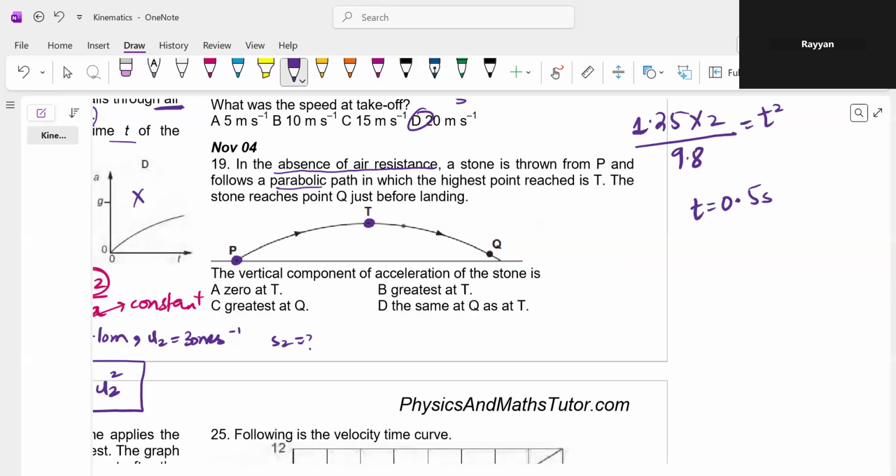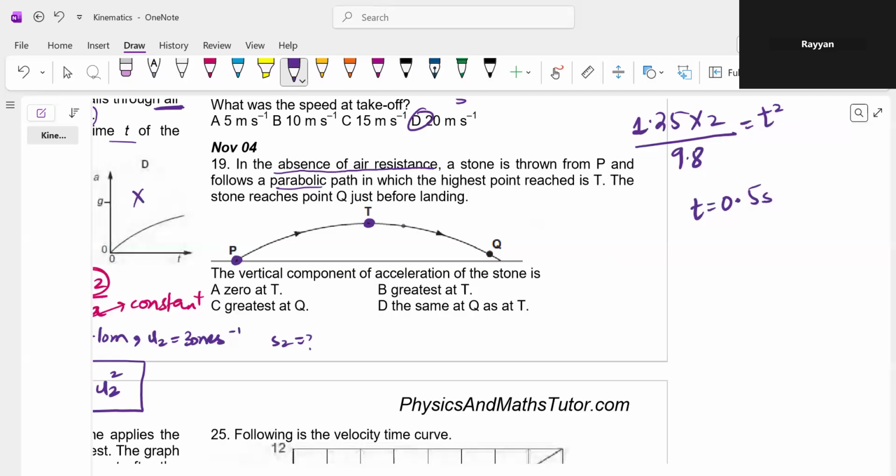Sorry, that is for projectile motion. We have a parabolic path. I was also confused when you said that. In projectile motion I told you to check the vertical and horizontal components. This parabolic path is similar to that, but over here there is an absence of air resistance.